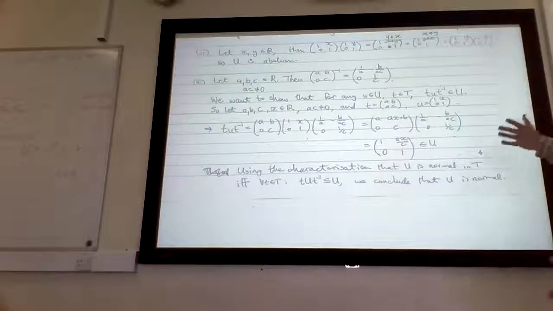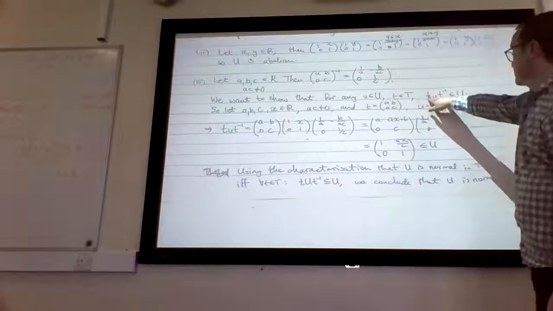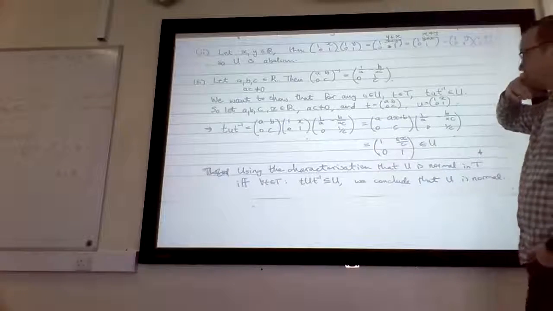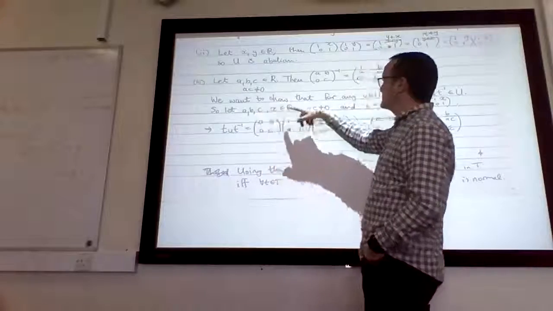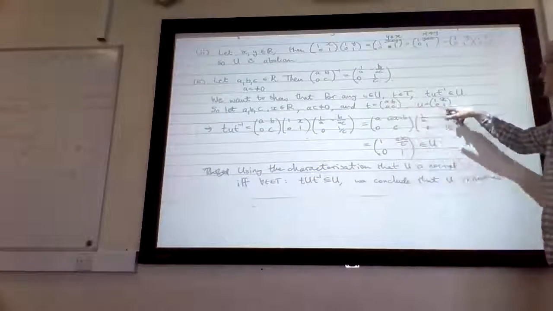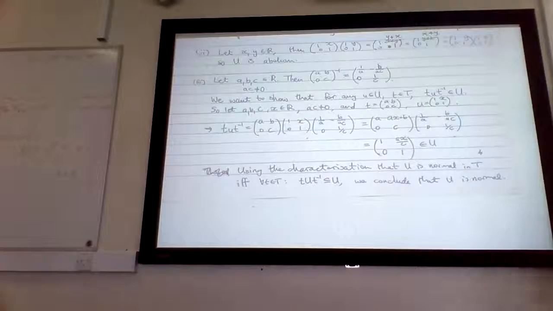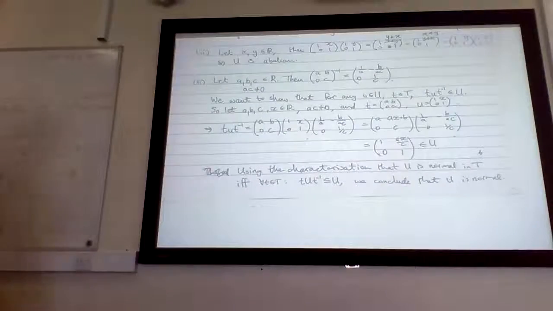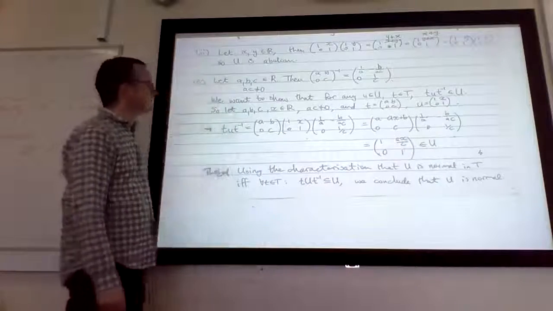So that's what he wants to show: for any little u and for any little t, this conjugate is always in U. So here's any A, B, 0, C, product AC has to be non-zero, so this is our T, and this is our little u, 1, x, 0, 1. So you just look at the conjugate. It's all dictated from the definition of normality or this equivalent form of normality.